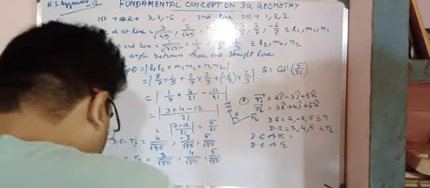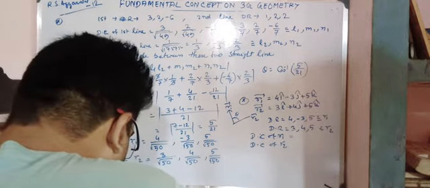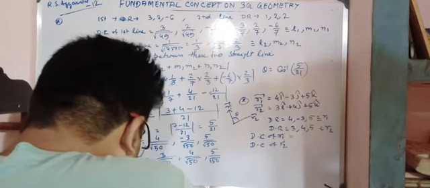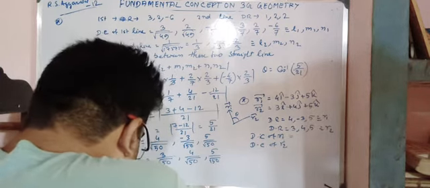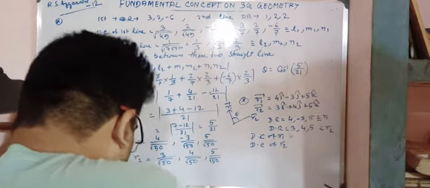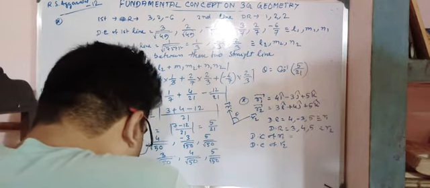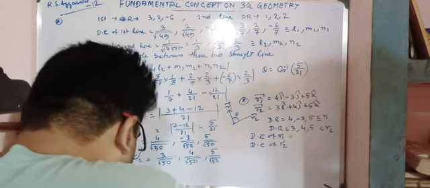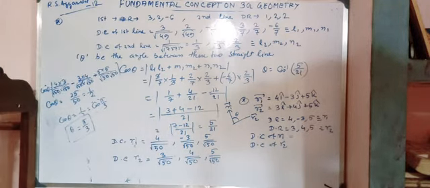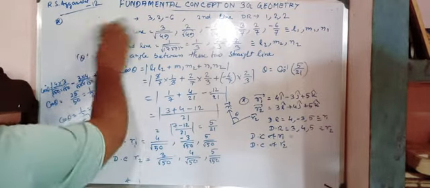Next, move to another question. The question is given here: find the direction cosines of a line which is perpendicular to each of the lines having these direction ratios. The direction ratios of two lines have been given, and we have to find the direction ratio of another line which is perpendicular to both lines.